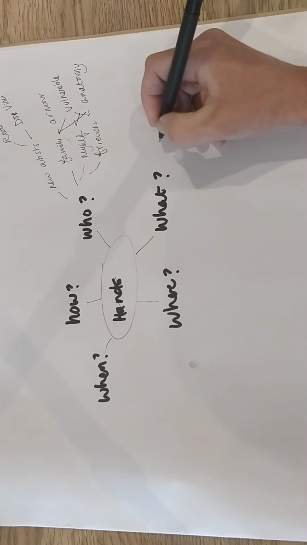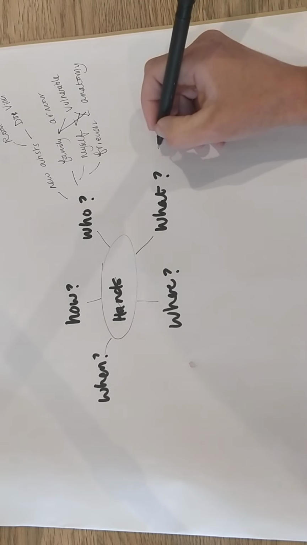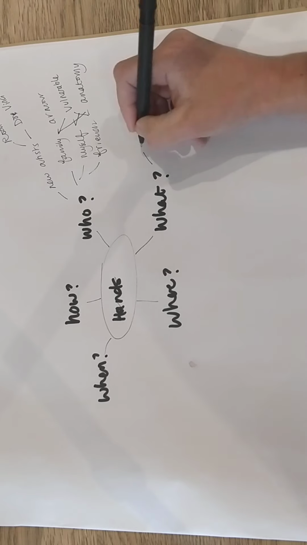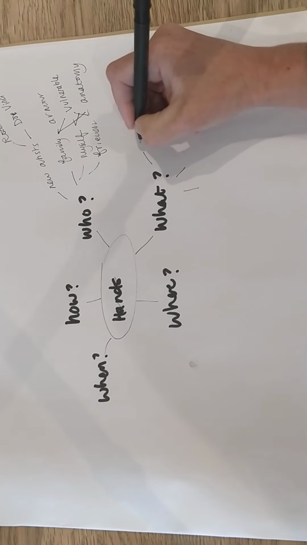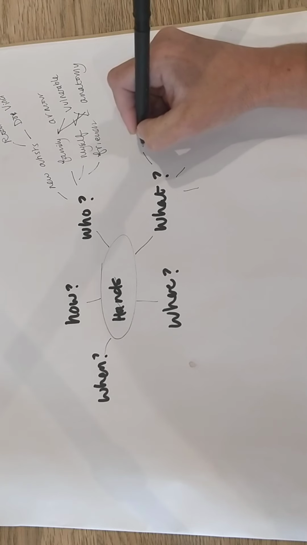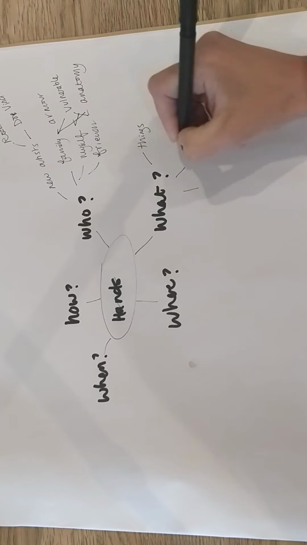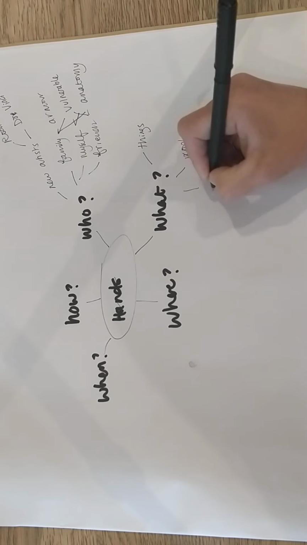When I think about the what, so what are you going to photograph? So remember the three main concepts here, which are the sort of things, people, and places.